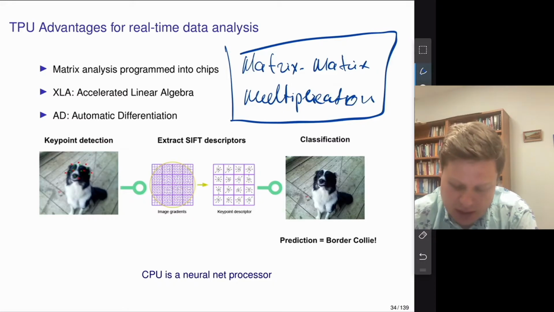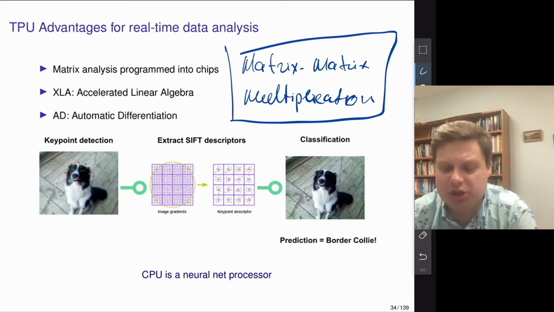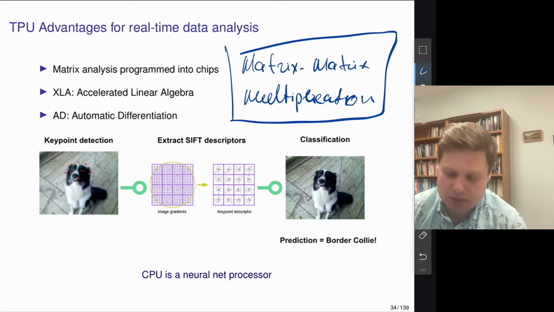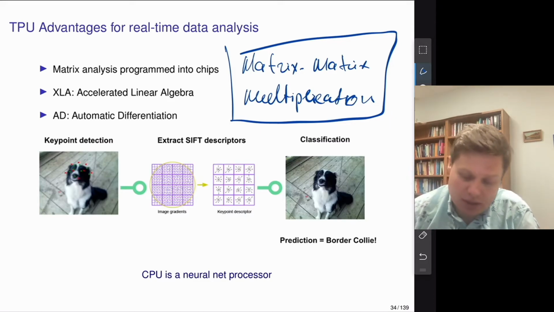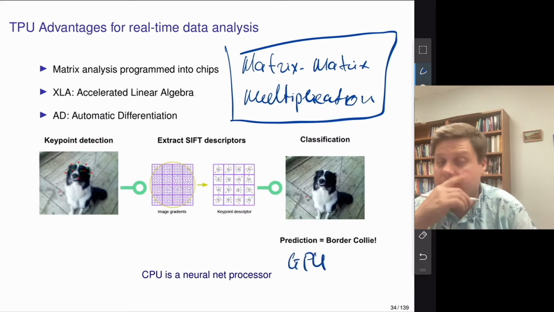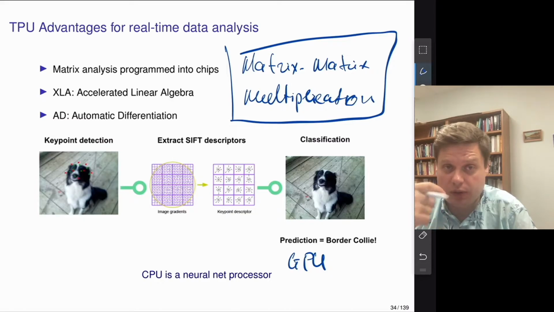So nowadays you rarely would do image processing using your laptop CPU. You would typically use those specialized processors, or another processor, the GPU, graphical processing unit. That's what gamers would use to accelerate the graphics of the game.